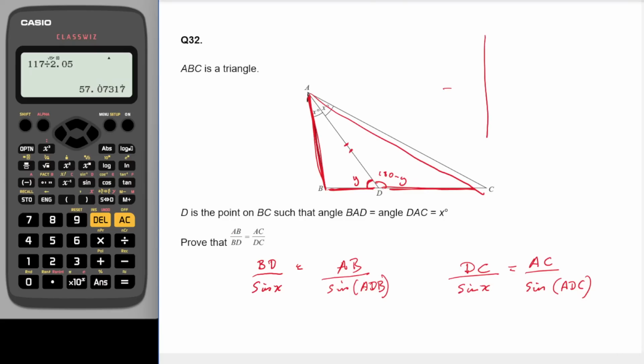And then if I think about the sine curve, so if we think about this, if I call that distance there y, that distance there would be y.